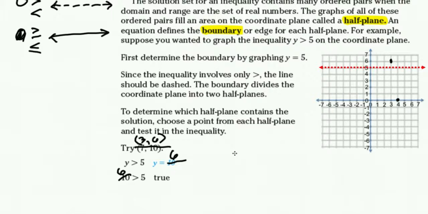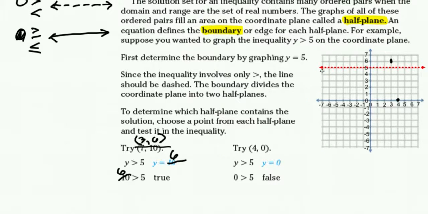Now let's try the point 4, 0, which is going to be on the other side of the half plane, and we'll see if this makes our inequality true or not. So we get our inequality y greater than 5, and we replace y with 0, because 0 is our y coordinate. We find out that this will make our inequality false.